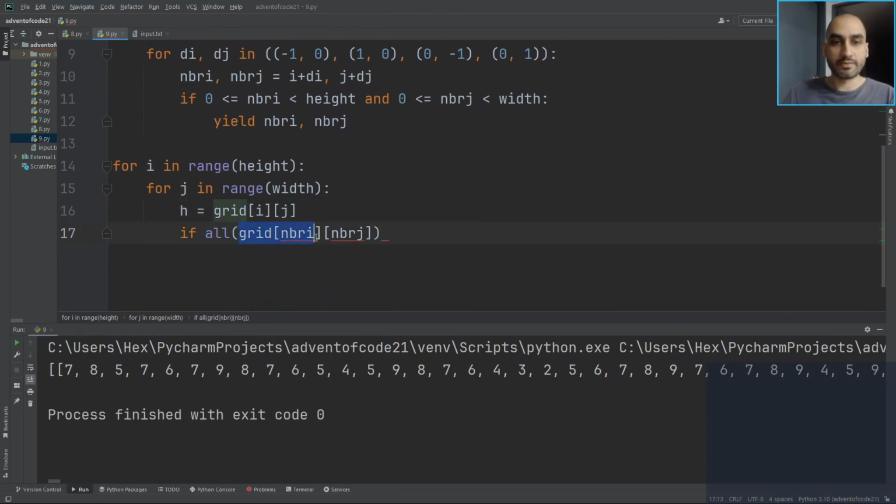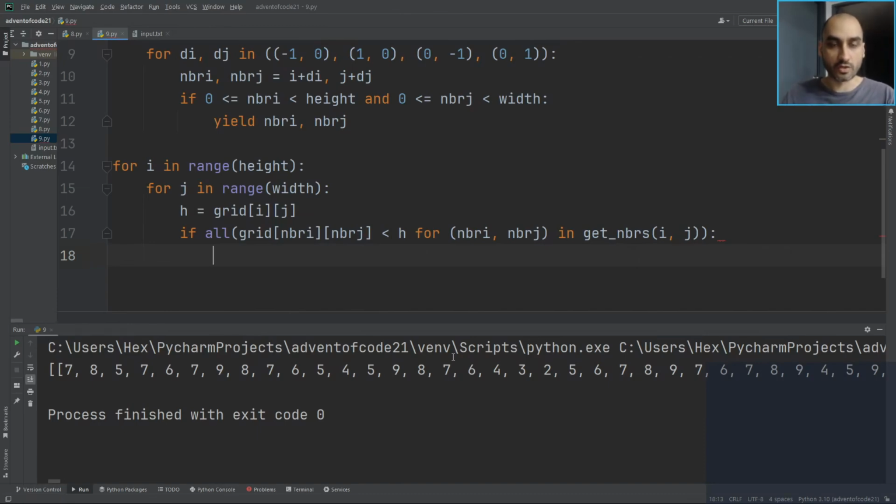So if all the neighbor values are strictly less than h, for neighbor i, neighbor j in get neighbors of i and j. So even if it's at the corner, there'll only be 2 values, but if all of them are less than all valid neighbors, oh no, it's the other way around. All valid neighbors are greater than h, then that means ij is a trough.